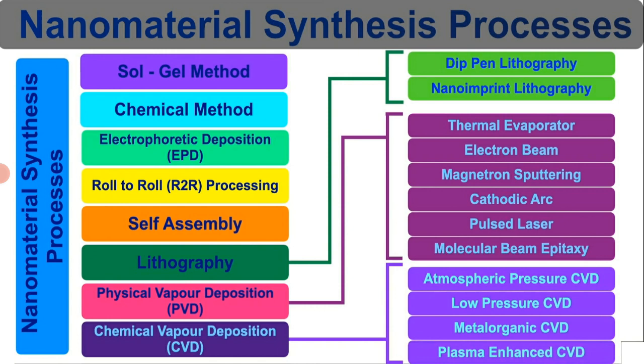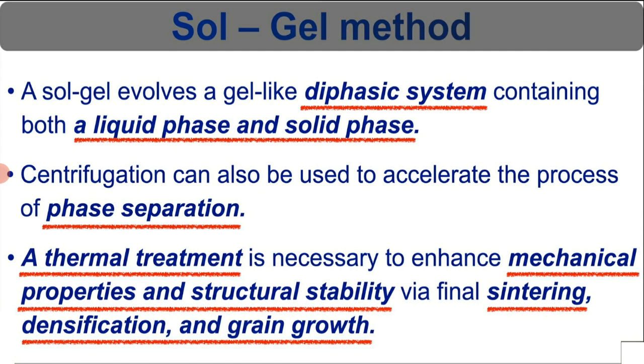Physical vapor deposition has other types: thermal evaporator, electron beam, magnetron sputtering, cathodic arc, pulsed laser, molecular beam epitaxy. And chemical vapor deposition: atmospheric pressure, low pressure, metalorganic, and plasma enhanced. Let's see one by one.